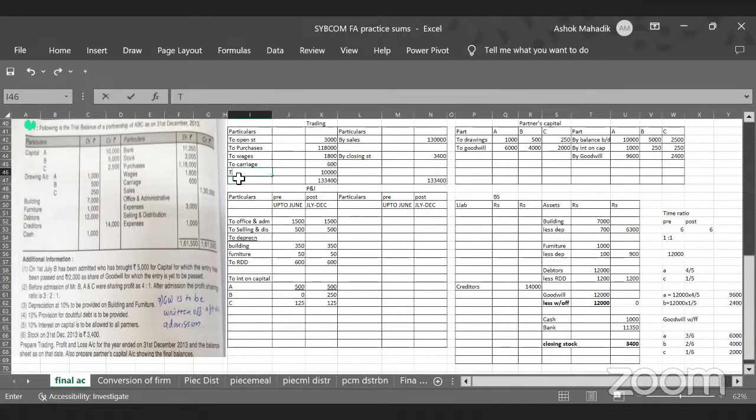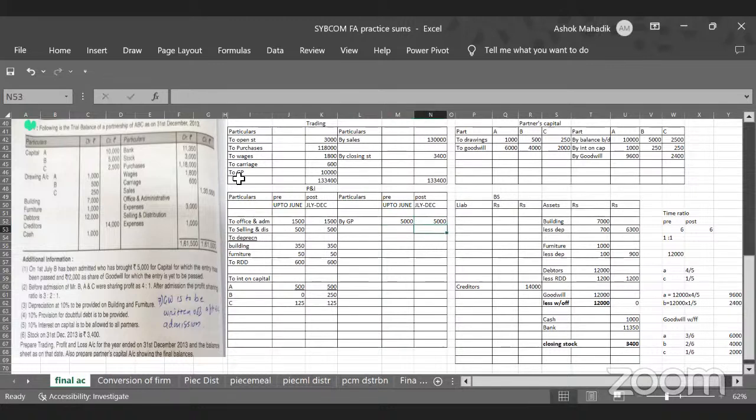So I'll write to GP 10,000. Now in P&L we have two columns. So you'll write by GP and you will divide in sales ratio. But sales ratio is not given. Sales of pre-post is not given separately. So we will use time ratio, which is equal because 6 months are there in pre and 6 months are there in post. So it will be 5,000 each in pre as well as in post.